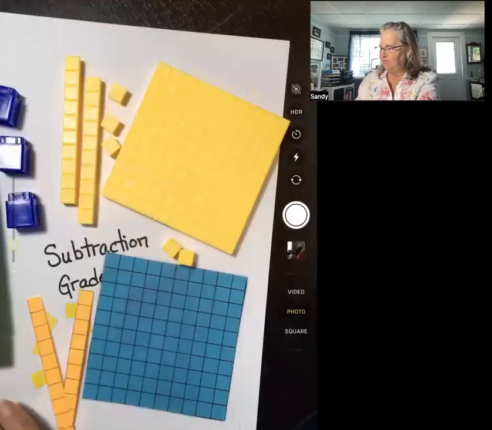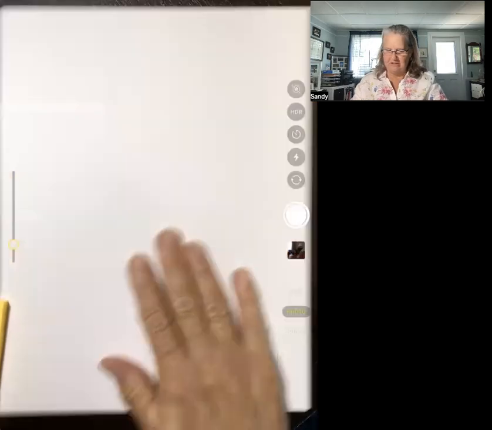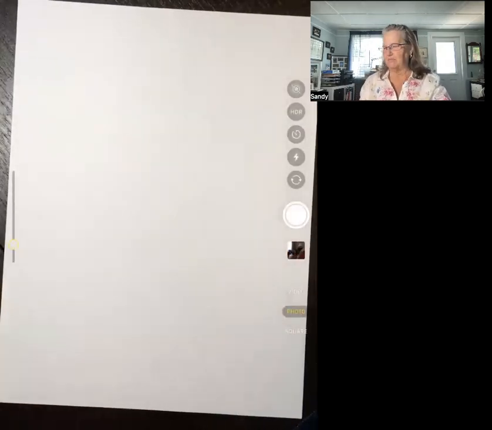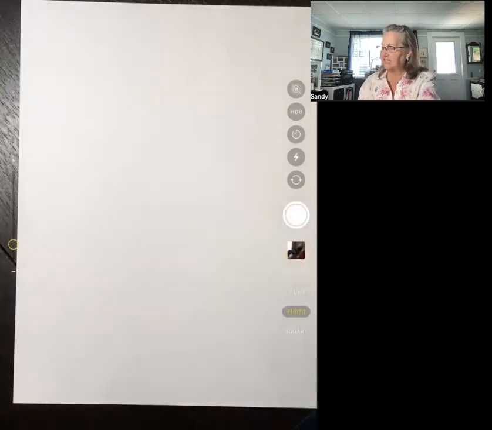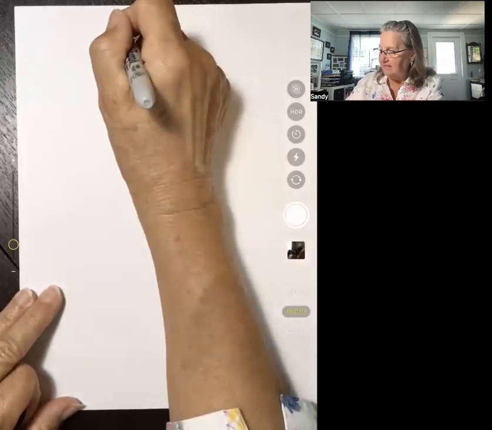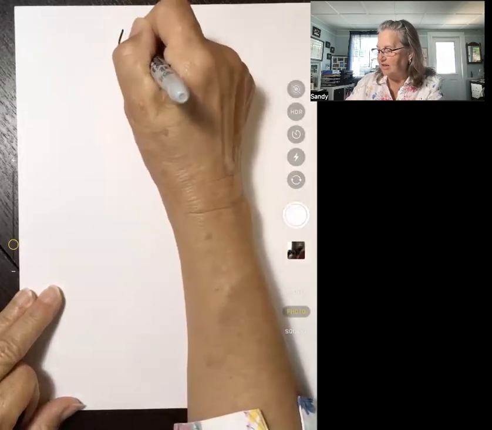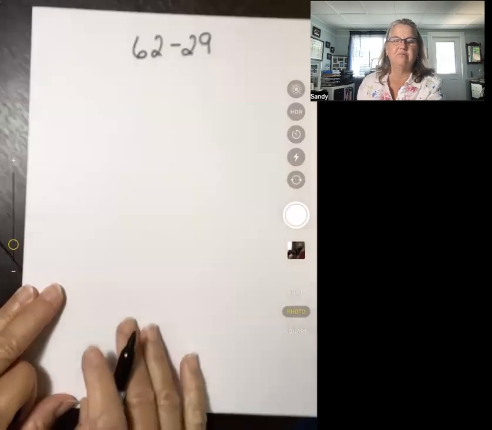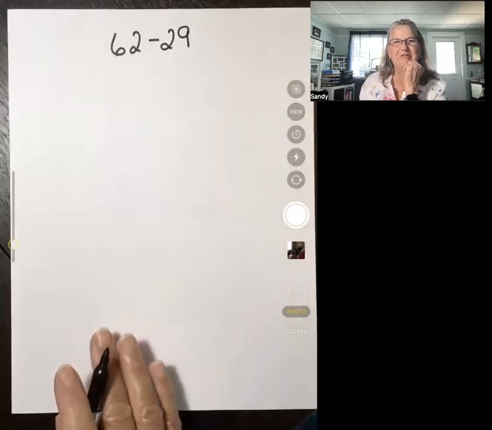Let me try to remove these without spilling them all over. Now, I want to start with a problem like 62 minus 29, a go-to problem to demonstrate with.